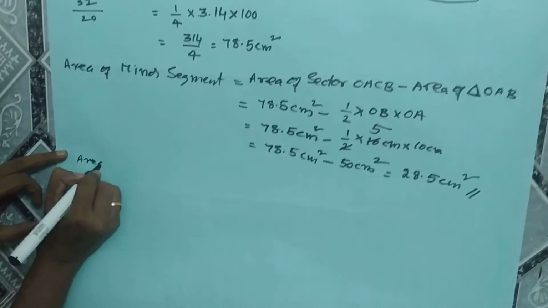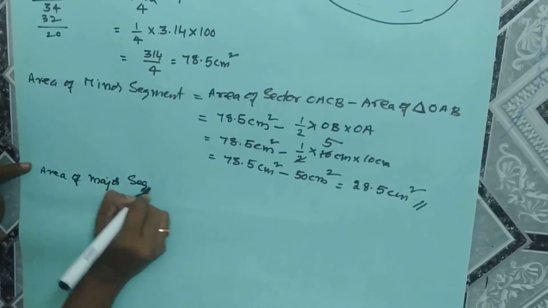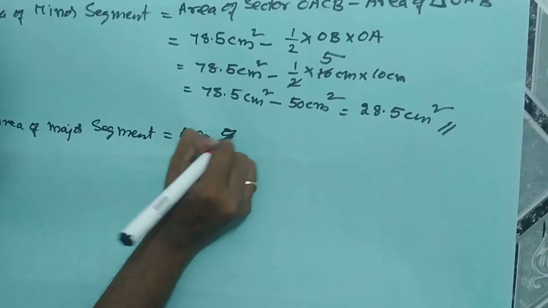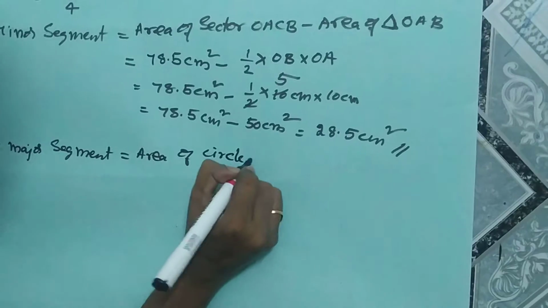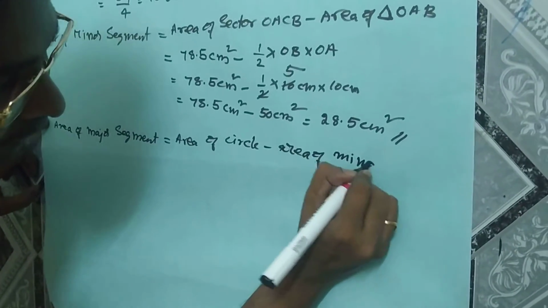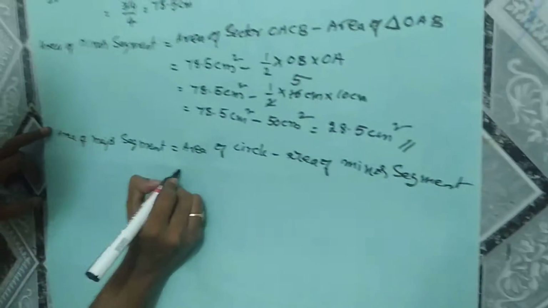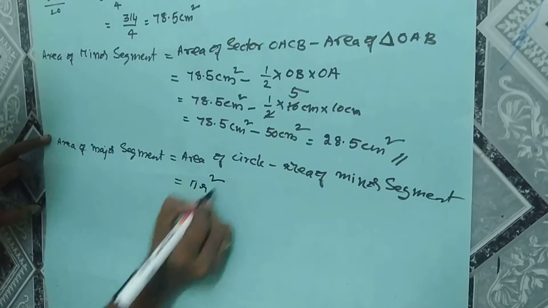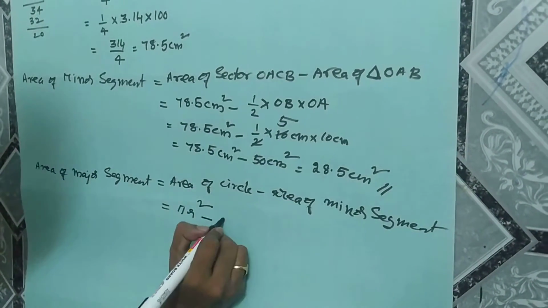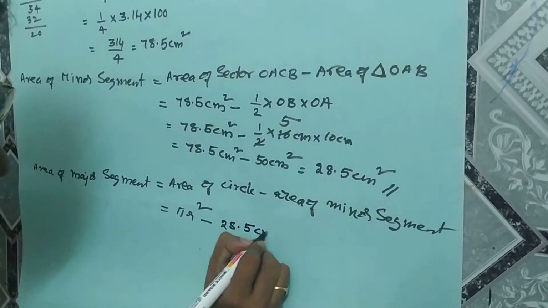The area of a circle is pi r square, minus the area of the minor segment, 28.5 centimeter square.